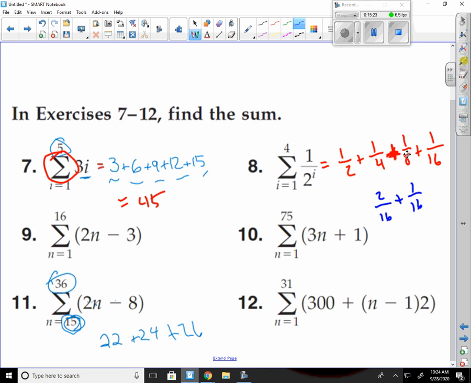Whatever I multiply the bottom by, multiply the top by to get a common denominator. 4 times 4 is 16, so that's 4 on top. And then here, 2 times 8 is 16, so that's an 8. Yeah, much more effective. 8 plus 4 is 12, 14, 15. My answer is 15/16.